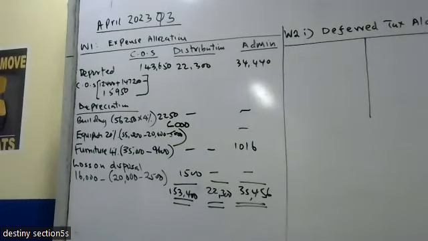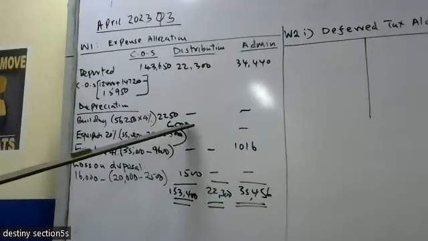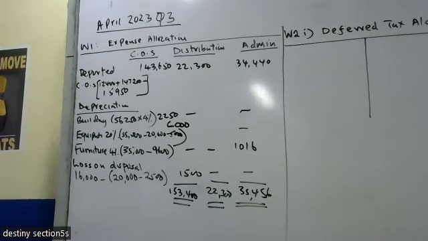It is 143,650 plus 2,250 plus 6,000 plus 1,500. Olive, confirm you have seen your mistake.